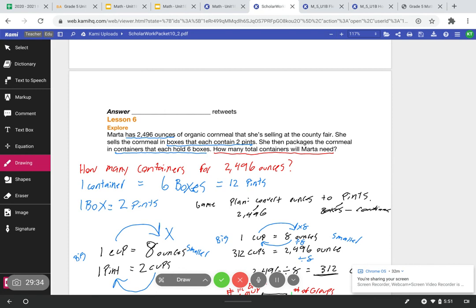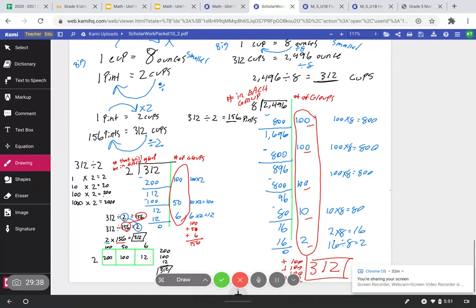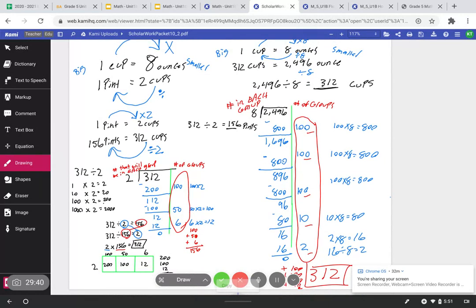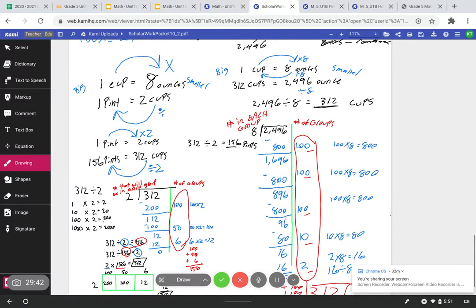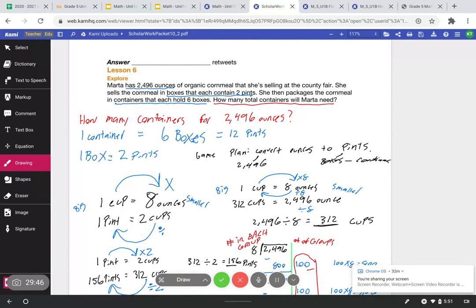If each box has 2 pints, I could divide our total number of pints by 2, and that would tell me how many boxes there are. Then I could divide our boxes by 6, and it could tell me how many containers there are because each container has 6 boxes.